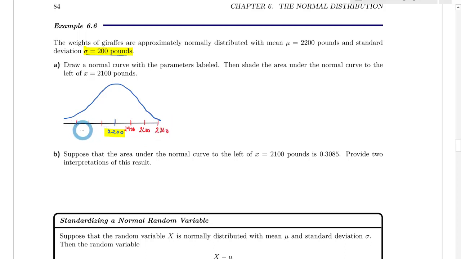And to the left I'm subtracting, so that would be 2,000, 1,800, and 1,600. Just like that. So the x-axis is the parameters given, and then we take the standard deviation and label those three standardized values, 3 to the left, 3 to the right.